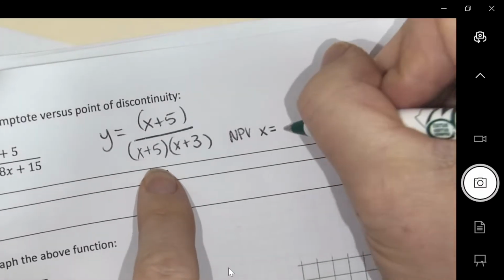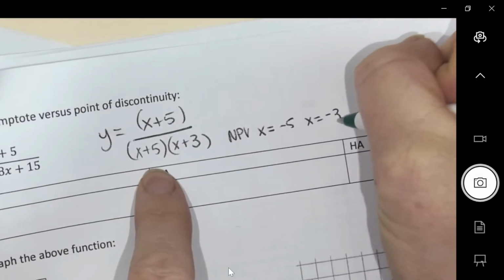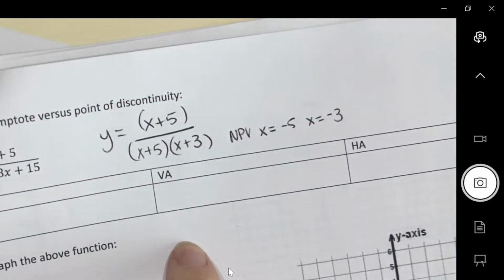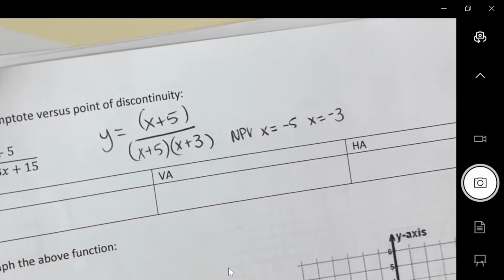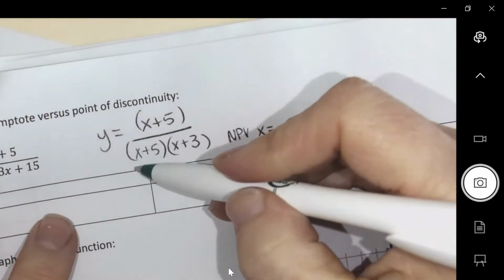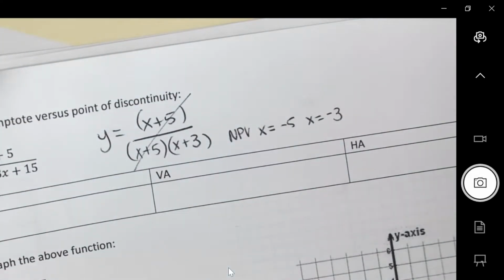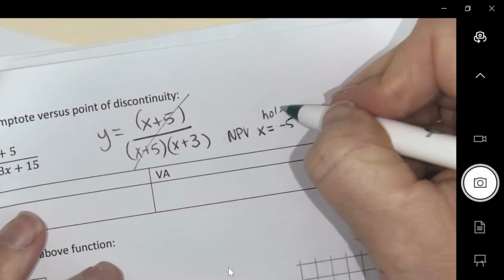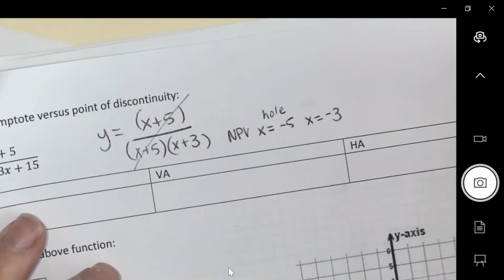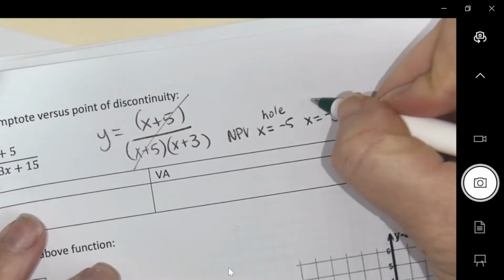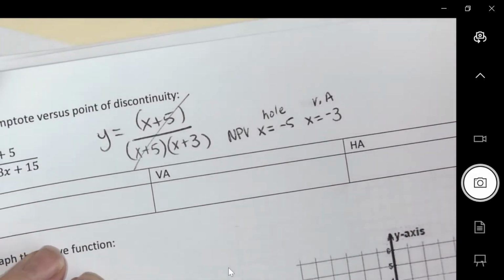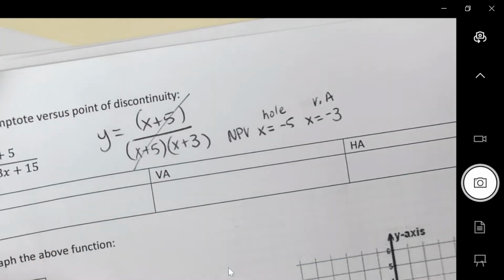I don't want a -5 and I don't want a -3. Now, guess what? There's a cancel. So at -5, we're going to have a hole. And at -3, we're going to have a vertical asymptote. They make asymptotes unless they cancel, then they're just holes.